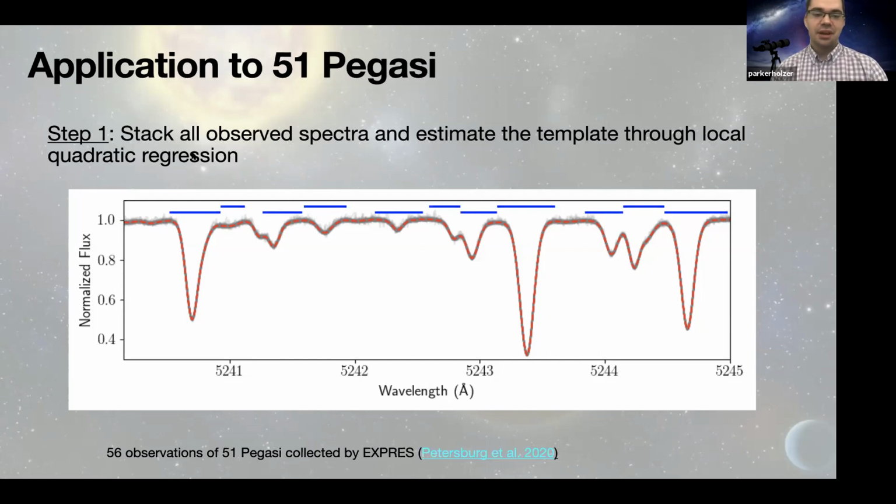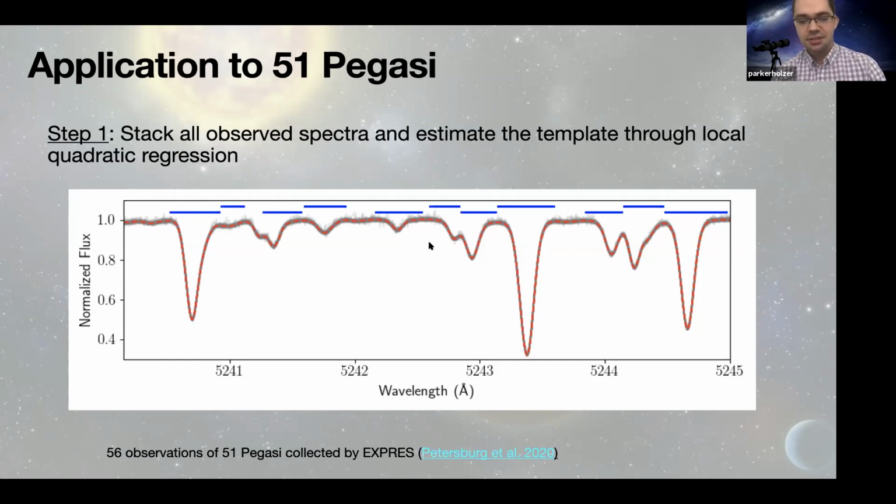And we do that by just stacking all of these observed spectra together and just applying local quadratic regression. Of course, there's nothing particularly important about using local quadratic regression here.